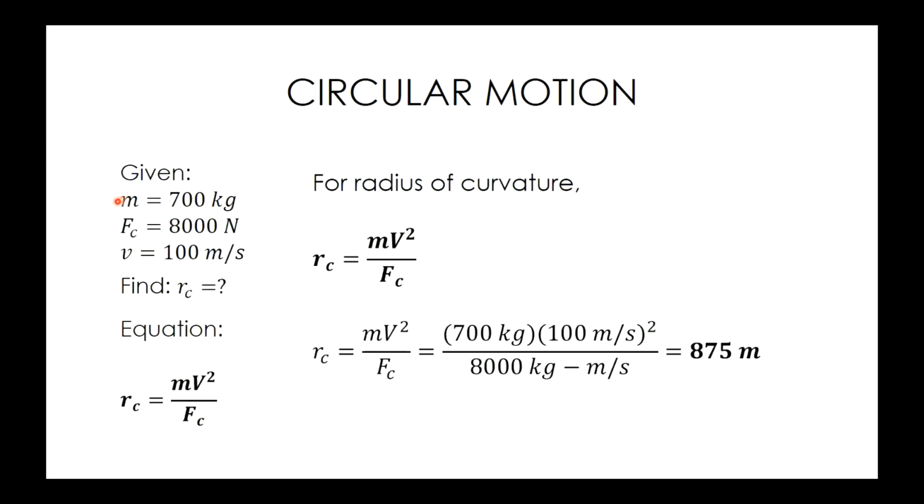So again, given natin mass, centripetal force, and the velocity or the linear speed. And then this is our working equation. Direct substitution ulit tayo. So mass natin 700 kilograms. And then ang ating speed is 100 meters per second, naka-square. And then ang ating centripetal force ay 8,000 kilogram meter per second squared.